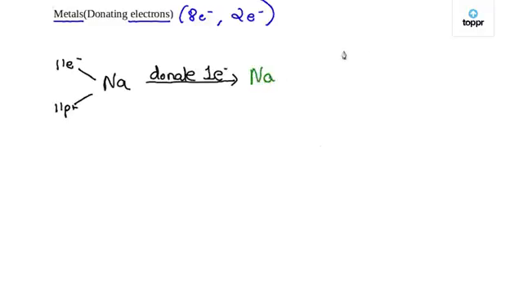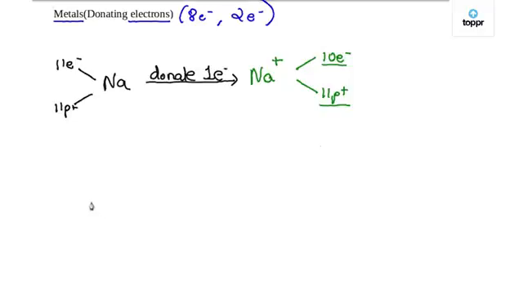Now sodium will be left with only 10 electrons, but the protons are still same, that is 11. That means we can say sodium's positivity is more than negativity right now. So that means it will gain a positive charge. Because protons are more than electrons by 1, sodium gains a positive charge.